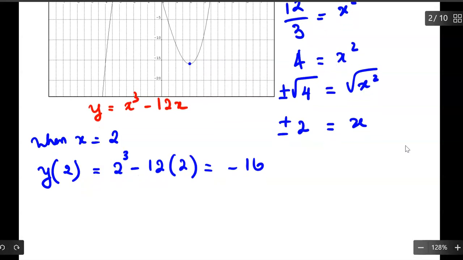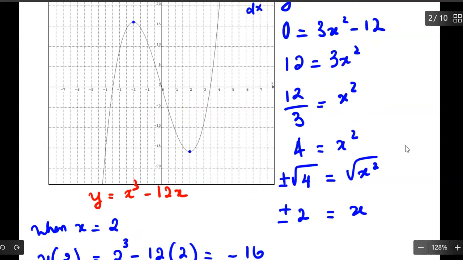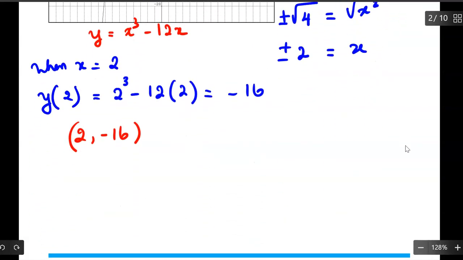Okay, so the point you may want to note for yourself here is 2 and negative 16. And we leave it aside for now, because we have to do a derivative test in order to prove that it is, in this case, I would say, a minimum point.